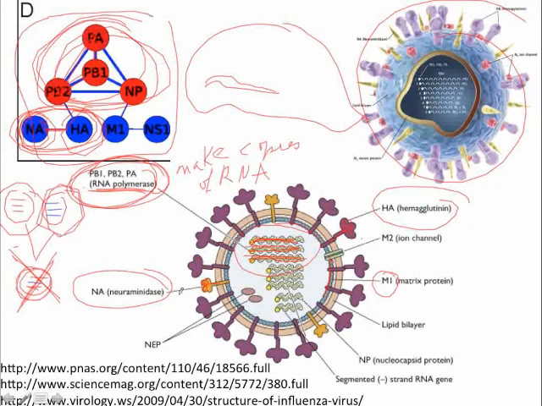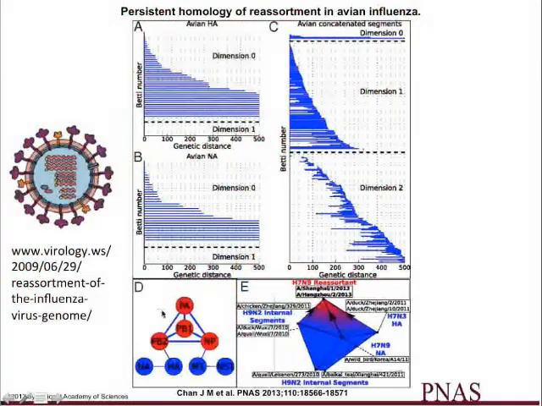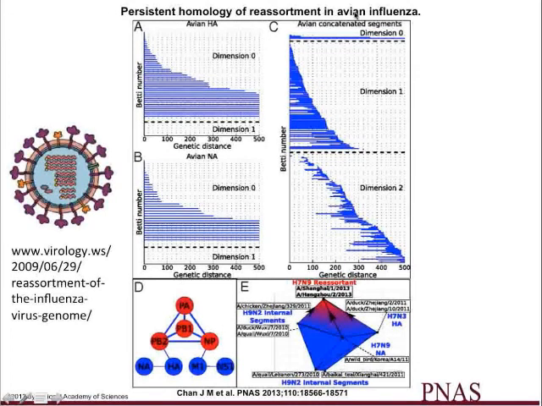So the type of segregation you'll get in creating your new virus, we can get that information by taking a look at the persistent homology of reassortment: what is likely to reassort and what is likely to be maintained within the same virus.